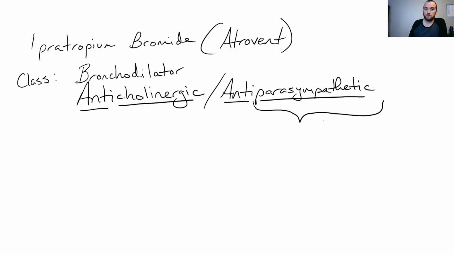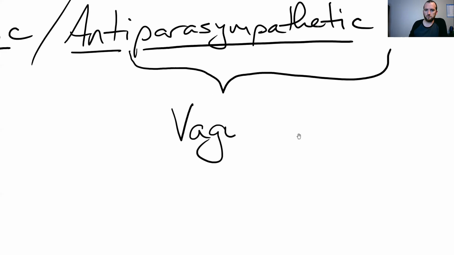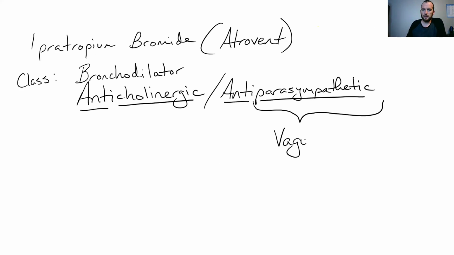That is a big component of a lot of our stuff, which is a longer conversation for a neuroanatomy and physiology review day. One of the big driving components of the parasympathetic nervous system is the vagus nerve.